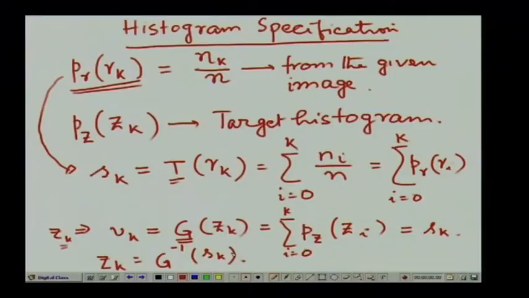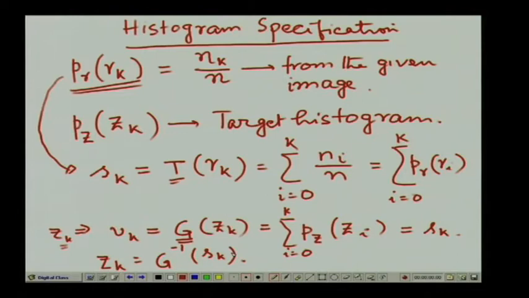The second step is, from the specified histogram p_z, we get a transformation function G, and then the s_k obtained in the previous step is inverse transformed using G to give you the intensity value in the processed image, which is equal to z_k.